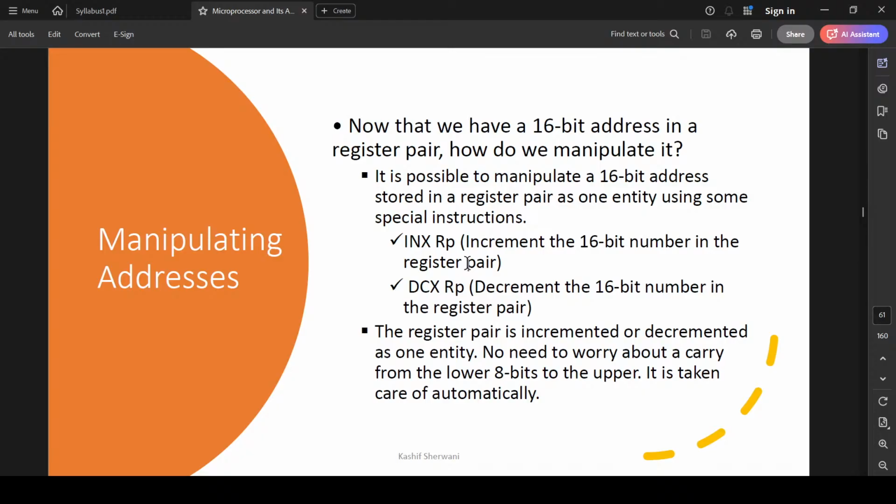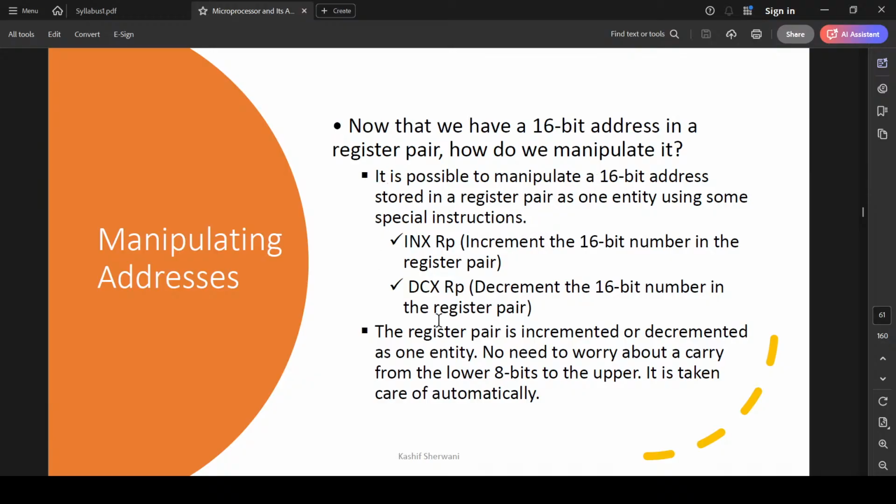You don't have to reload the memory location in the register pair. You just increment the register pair's memory location. 4000 and 4001 will be engaged for the first 16-bit number, and the next number will be 4002 and 4003. So just increment the 16-bit memory location.